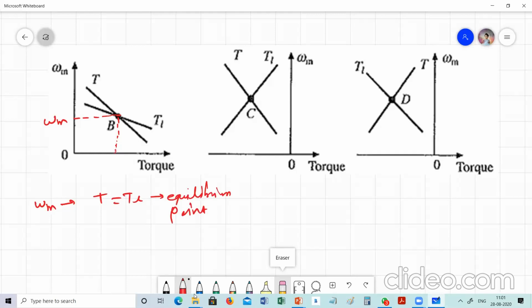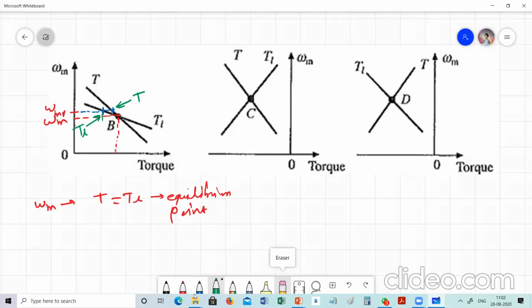For that we have to assume that because of some disturbance the speed is increased to a new speed omega m1. At this new speed, if you draw here, you can get the value of load torque TL and motor torque T. This is motor torque T, because this point is on the motor torque curve, and this is load torque TL.